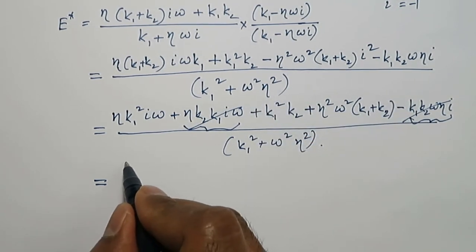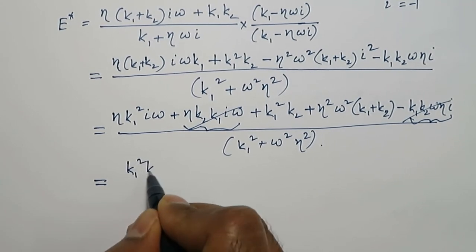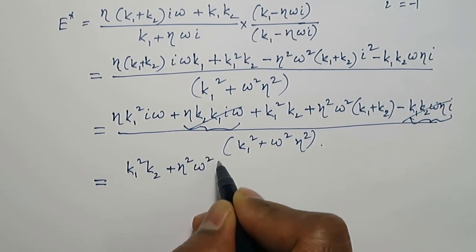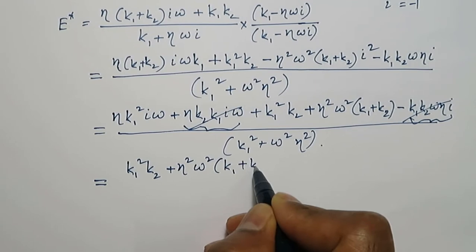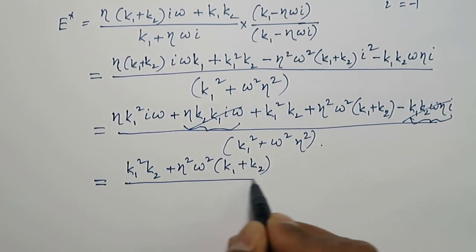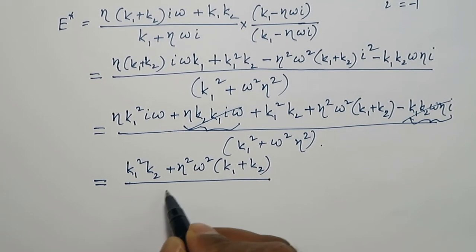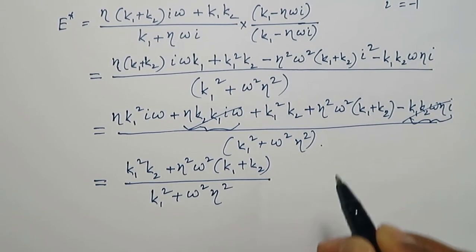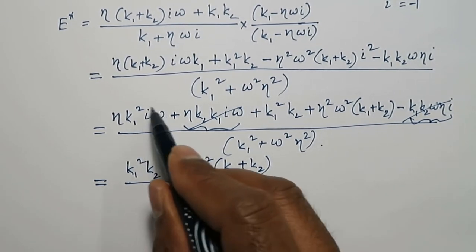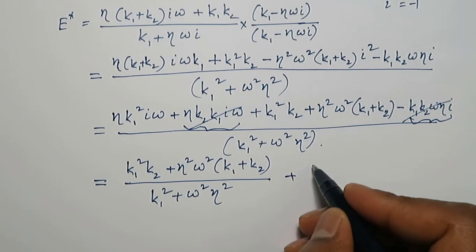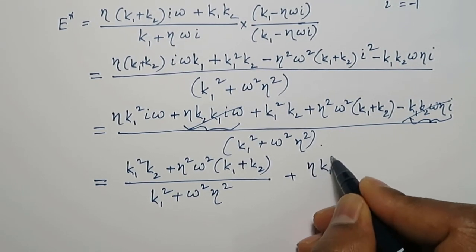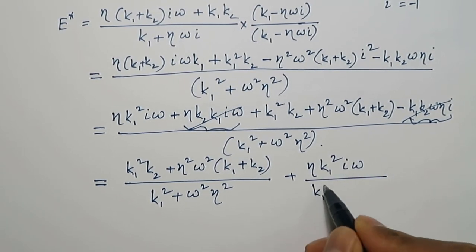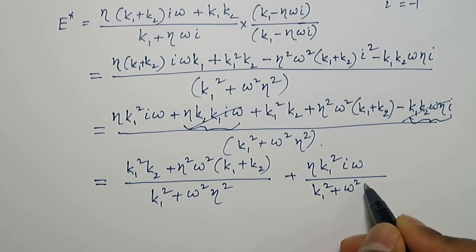So we can write k1 square k2 plus eta square omega square (k1 + k2) divided by k1 square plus omega square eta square, and plus this part, eta k1 square i omega over k1 square plus omega square eta square.